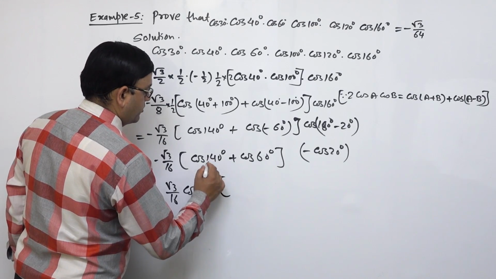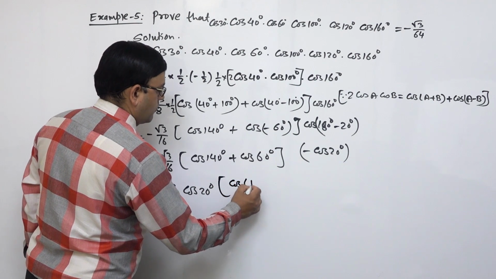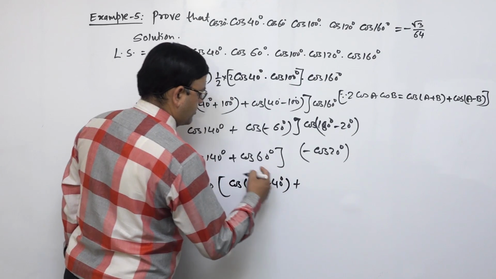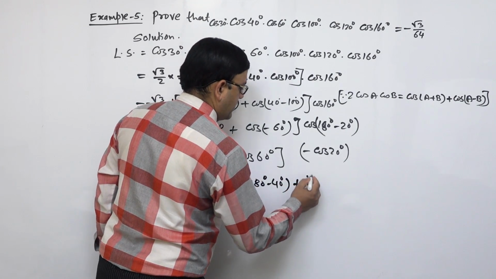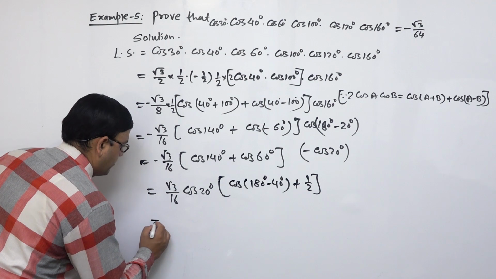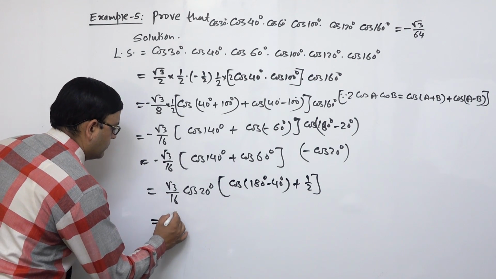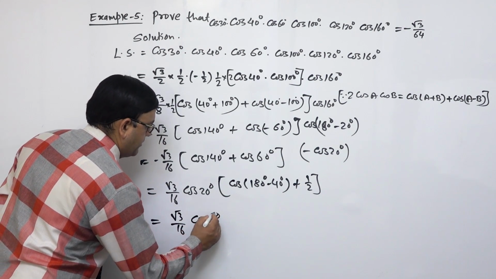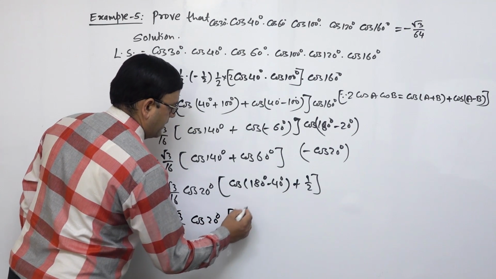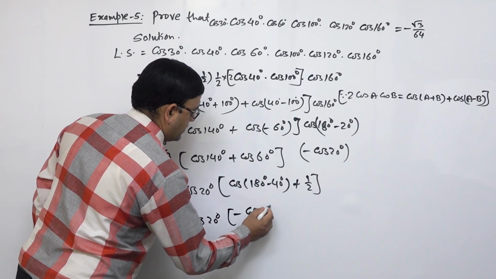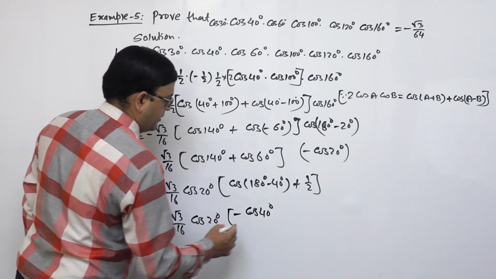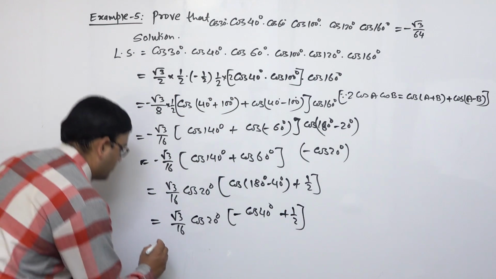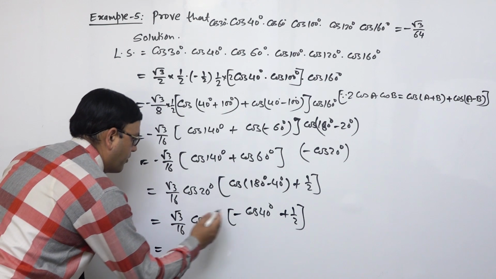Now we can change this also: cos 180 degrees minus 40 degrees is 140 degrees, plus the value of cos 60 degrees, which you know is 1 by 2. Now this is equal to root 3 by 16 times cos 20 degrees times minus cos 40 degrees plus 1 by 2. Now let's open this.